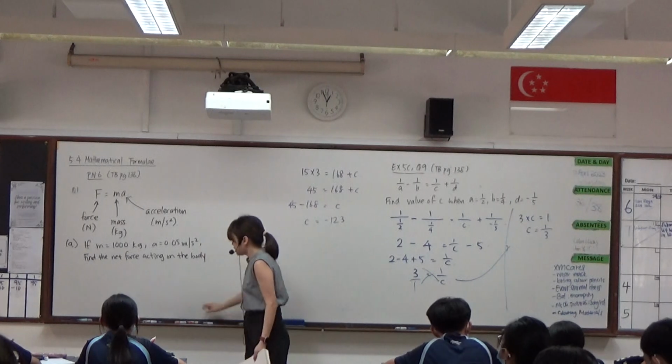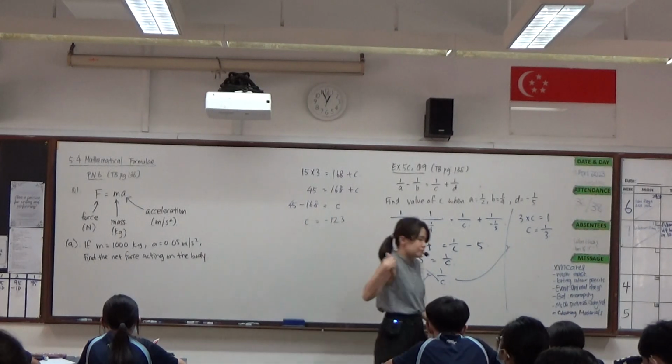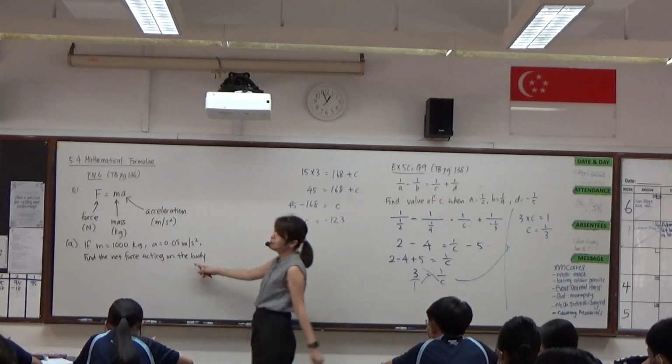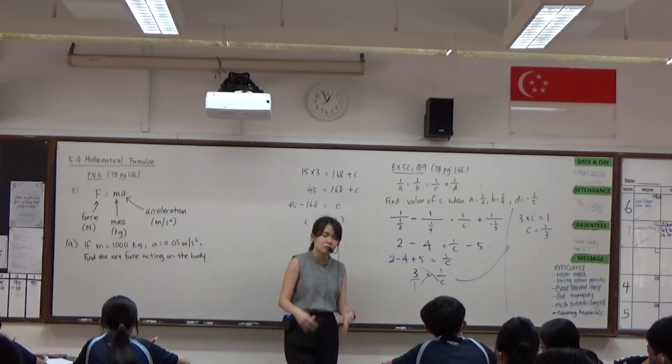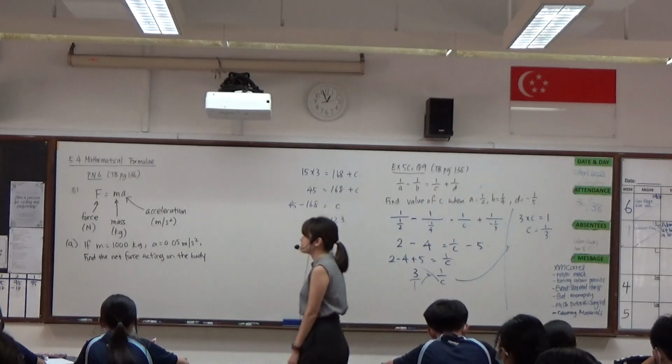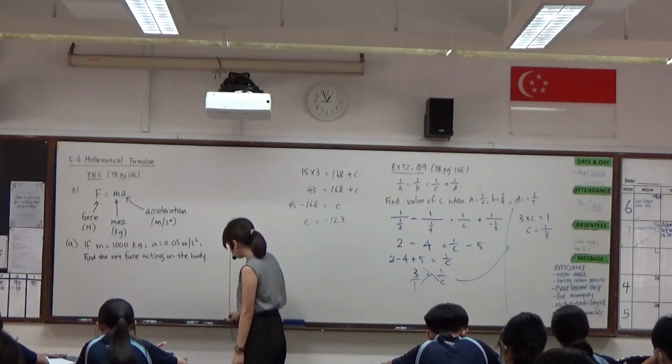In case you're wondering what body, the body doesn't mean your physical body. In science itself, the word body refers to an object. Like your table is a body. That's how we use it in science.